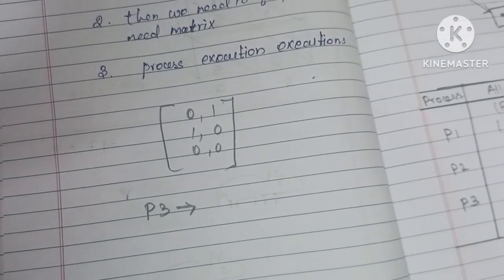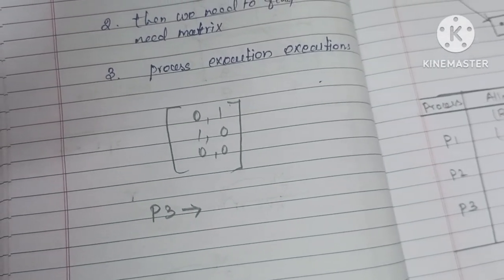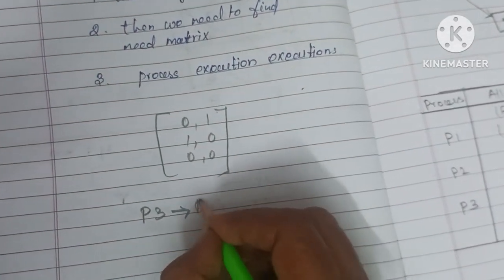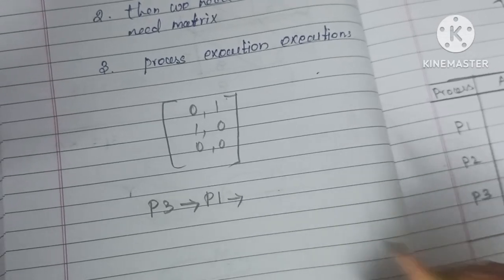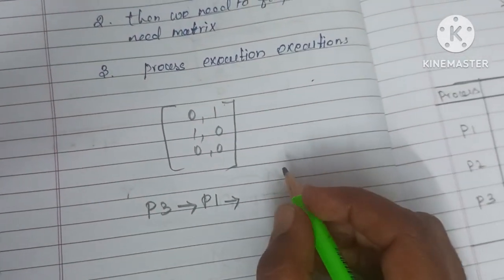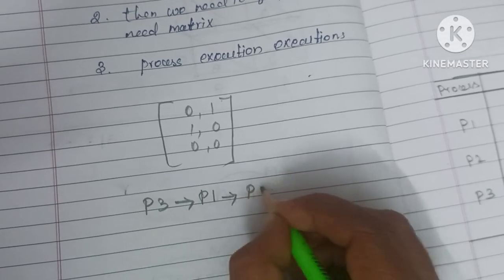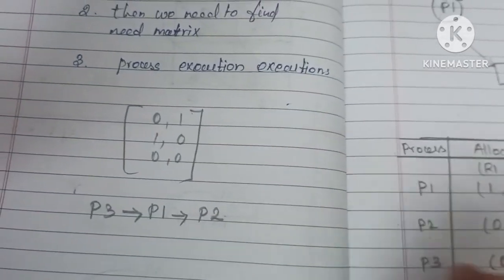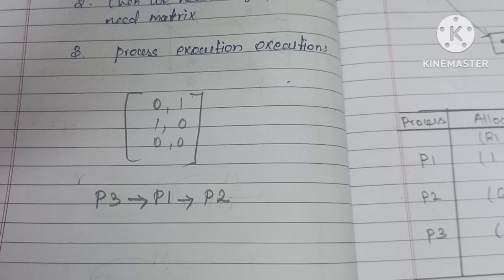Next, with the availability of 0, 1 after P3, we executed the process P1. After that, with the availability of 1, 2, we executed the process P2. So this is the process execution sequence.